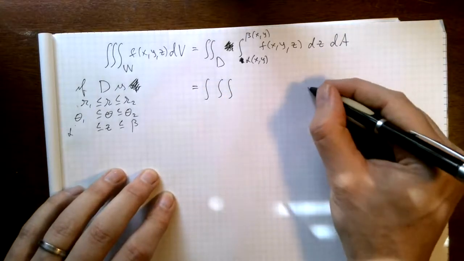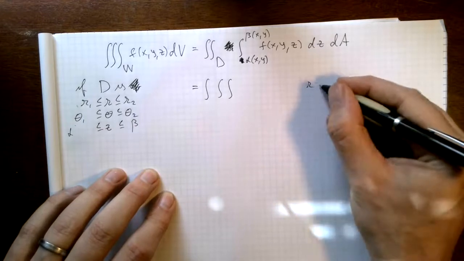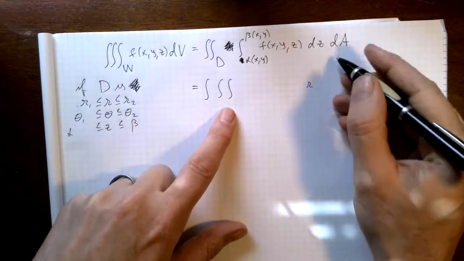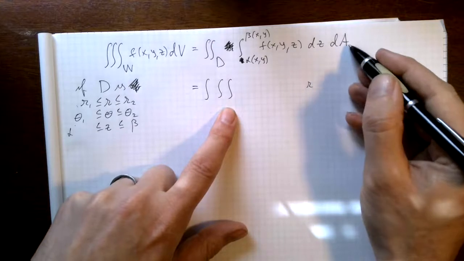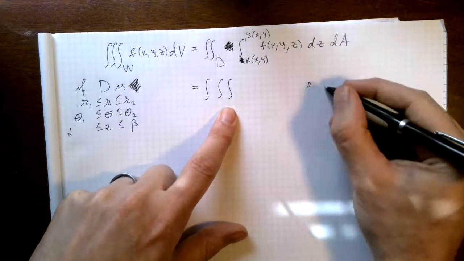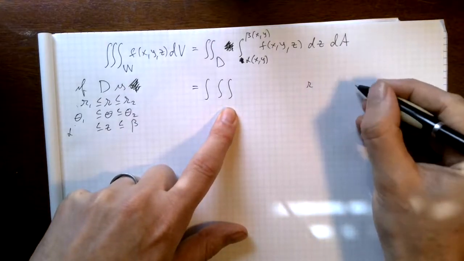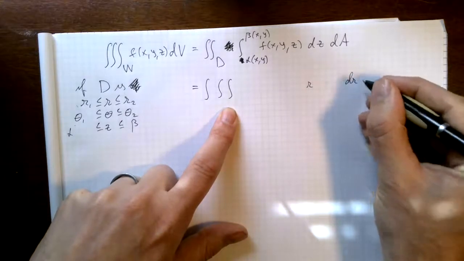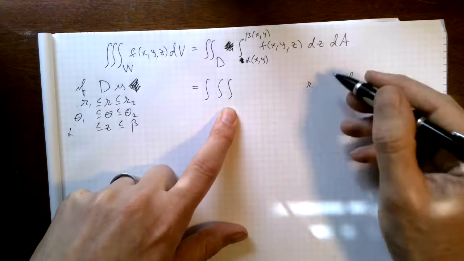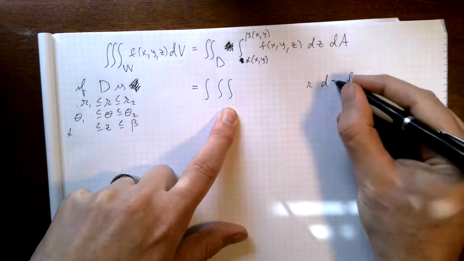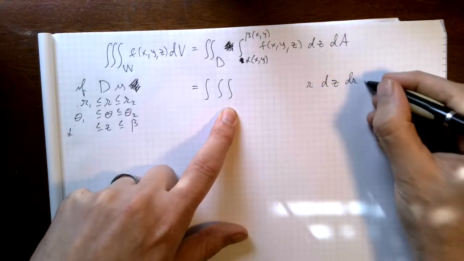Let's put the dA on the outside, so I'm going to have dr, and r is a function, so I can pull it inside the theta, right?